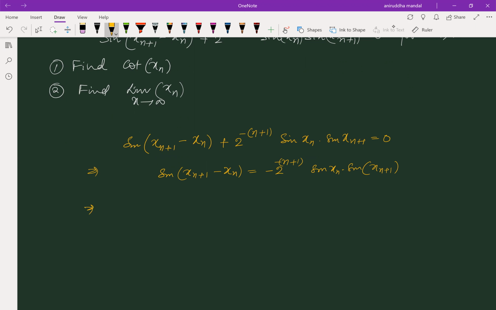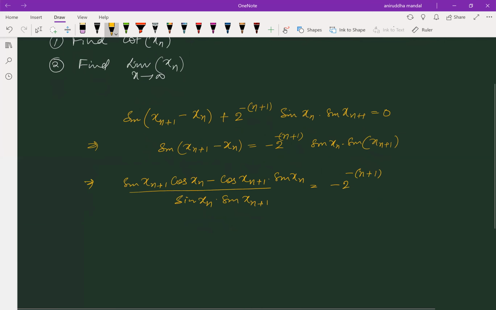In the denominator we have sine x_n into sine x_{n+1}, and in the numerator we have sine of a minus b, so we can use the formula sine a cos b minus cos a sine b. On the right hand side we have 2 to the power minus (n+1). Now we distribute this denominator to each of the terms.